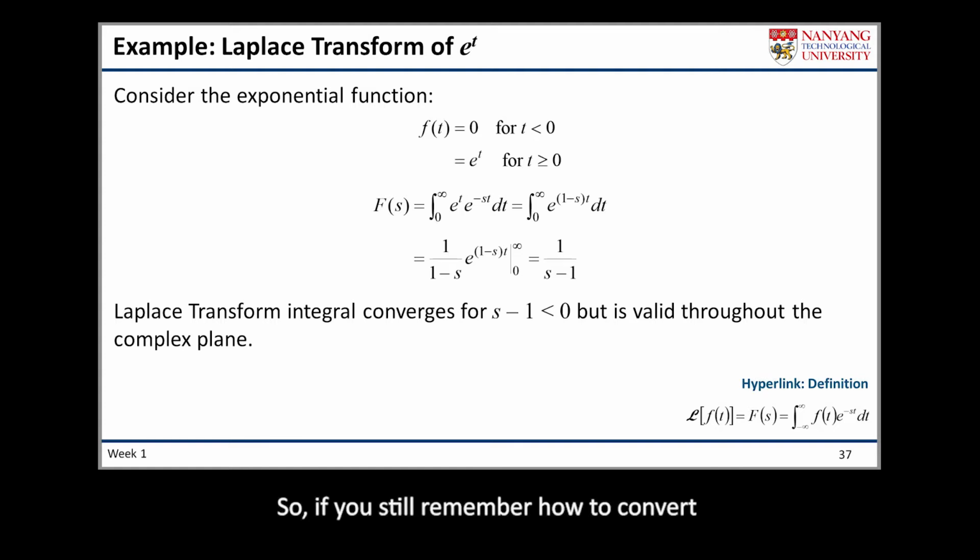If you still remember how to convert a time domain function to a Laplace domain function, it is by taking the integration of the function in time multiplied with exponential of minus st, integrated over t, and then we evaluate it from negative infinity to positive infinity.